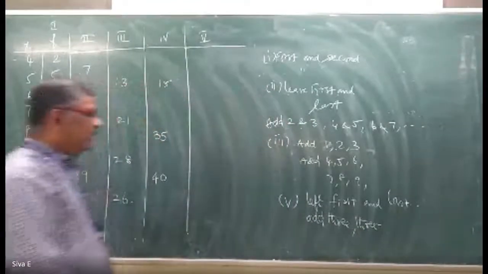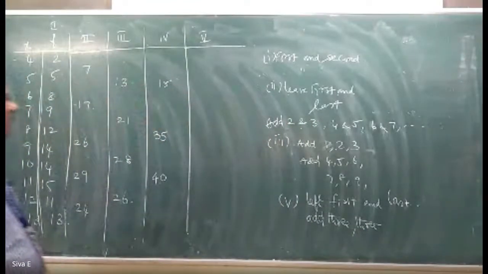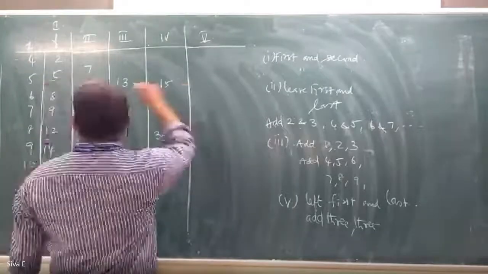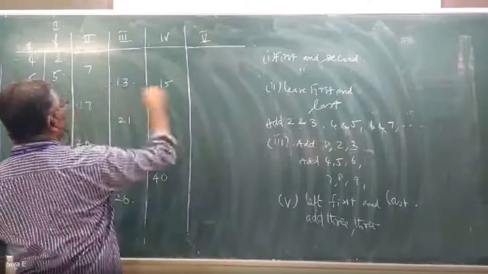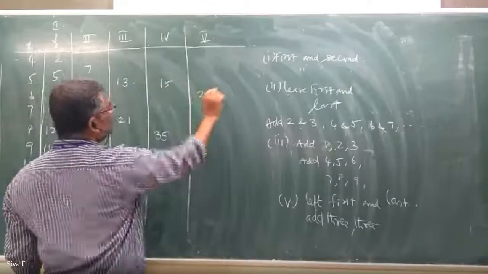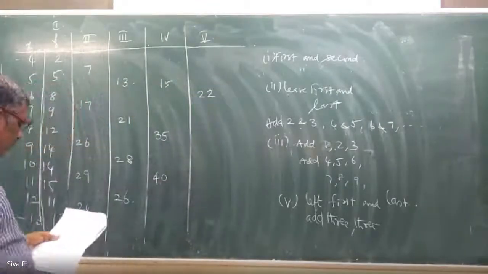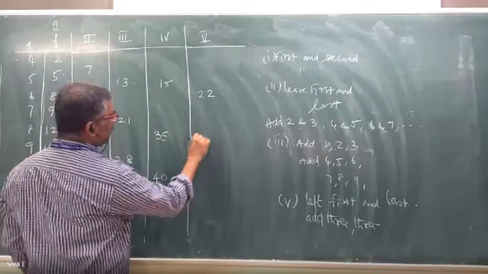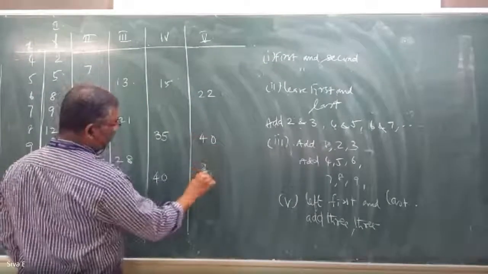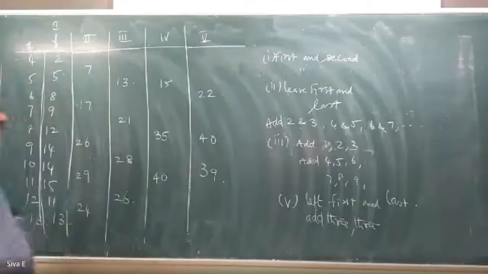Add 3 items: 5th, 6th, 7th adding to 22, then 40, then 39.